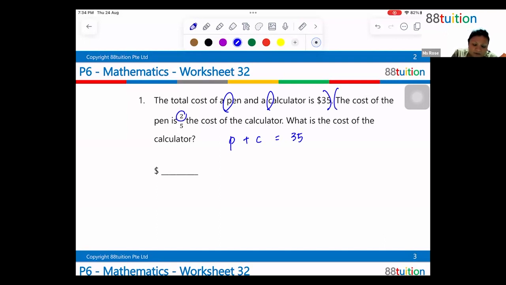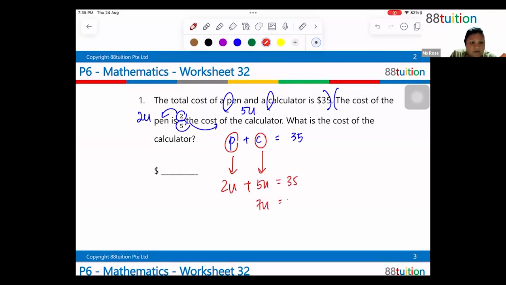The cost of the pen is 2 units and the cost of the calculator is 5 units. So if I use units to replace the pen and the calculator, I would get 7 units is equal to 35. That means 1 unit will be equal to 35 divided by 7 to give me 5.